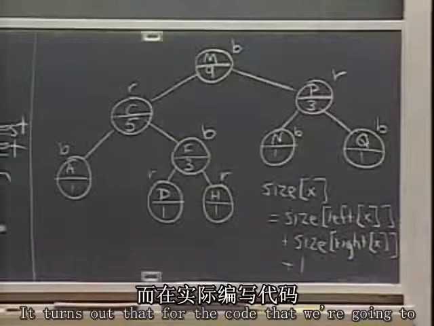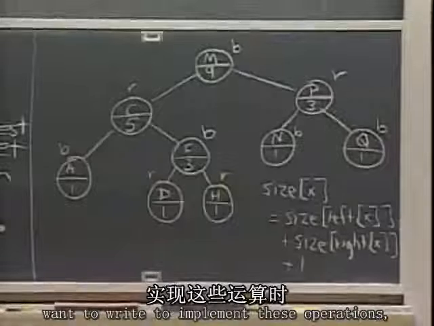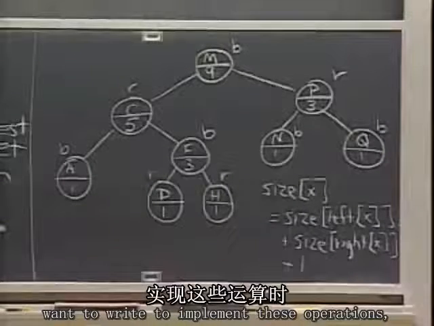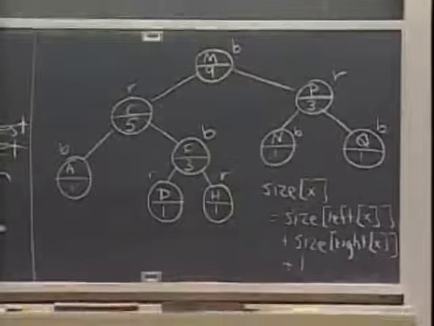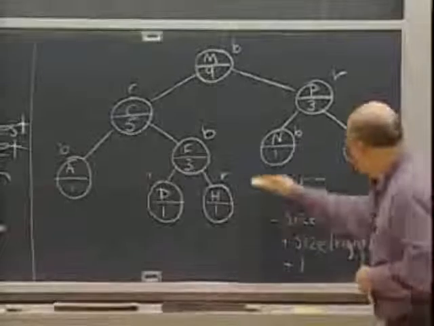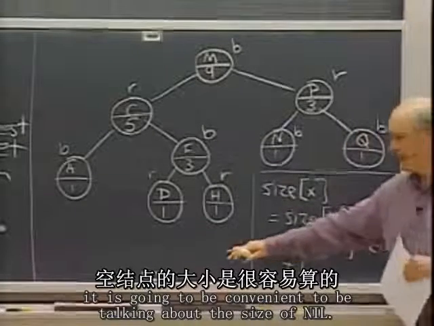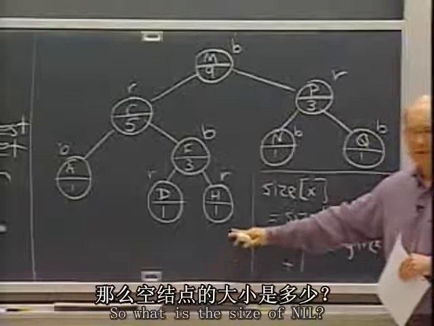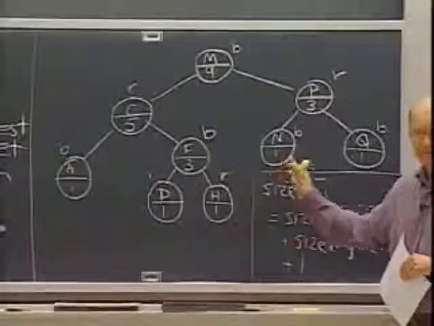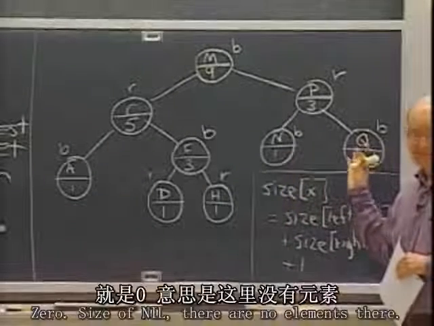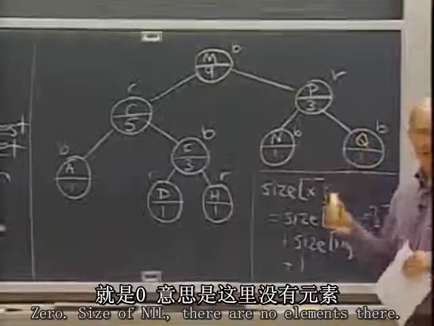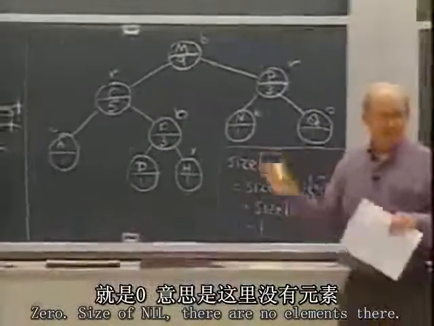It turns out that for the code we're going to write to implement these operations, it's going to be convenient to be talking about the size of nil. So what's the size of nil? 0. There's no elements there.